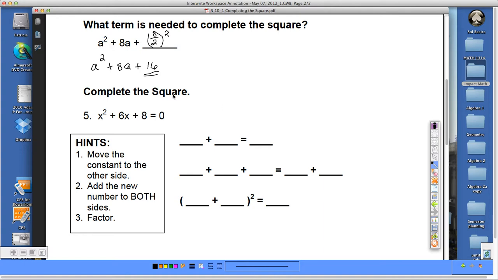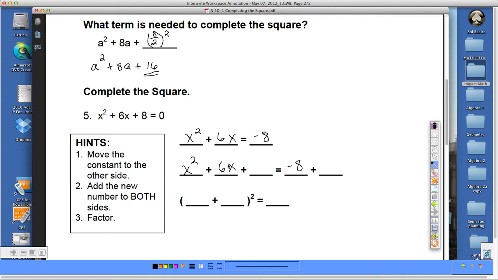Now, how do you go about completing the square? Well, let's do that. First, move the constant to the other side. So what we have here is x squared plus 6x, and the 8, we're going to subtract 8 from both sides, so you end up with negative 8 on the other side of the equal sign. Now we're going to complete the square. So let's write in what we have. We have x squared plus 6x, and we have our negative 8 over here. We're going to figure out what goes in those blanks in order to complete our square.